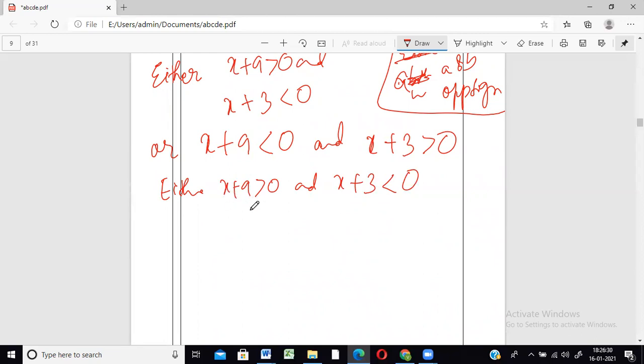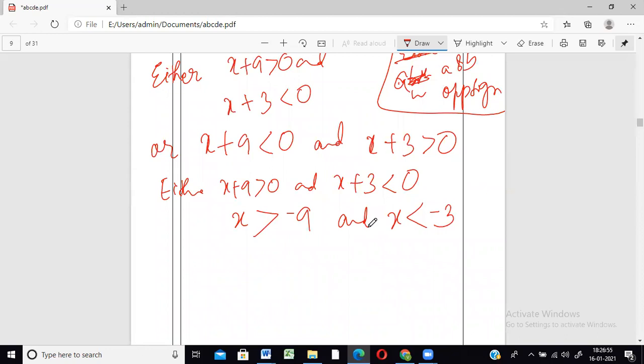So when you have something like this, when x plus 9 is greater than 0, we can always have x is greater than minus, and taking it that side. What am I doing? I'm not taking it actually to that side, but I am subtracting 9, right, from this thing. So this would be x is greater than minus 9 and x will be less than 3 that side, so it's minus 3.